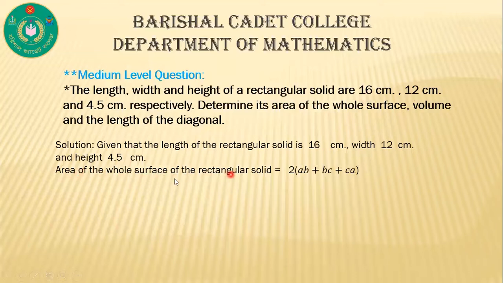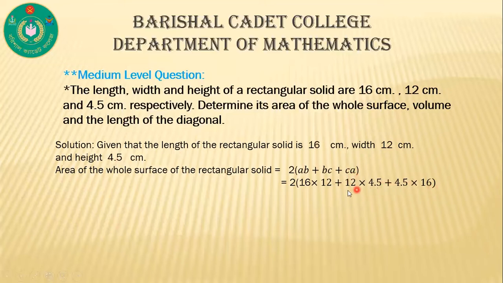So the area of the whole surface of the rectangular solid is 2 into (AB plus BC plus CA). Now putting the values: A means 16, B means 12, C means 4.5.